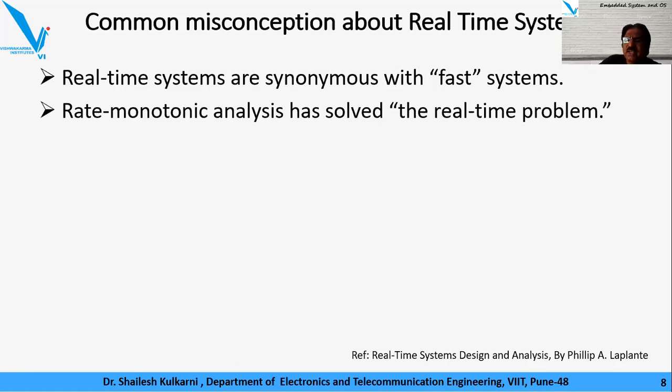Then, rate monotonic analysis has solved the real-time problem. In the early days when these real-time systems got designed, most of the designers relied heavily on the scheduling algorithm that we call rate monotonic analysis. This analysis allows the designer to schedule the tasks which occur frequently.